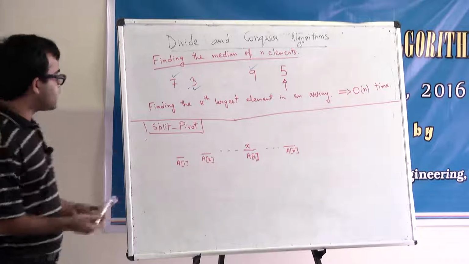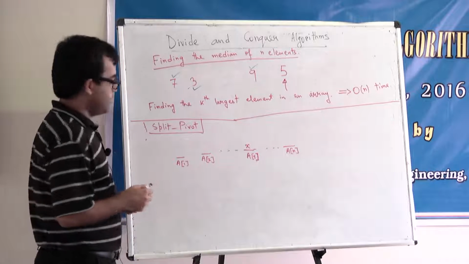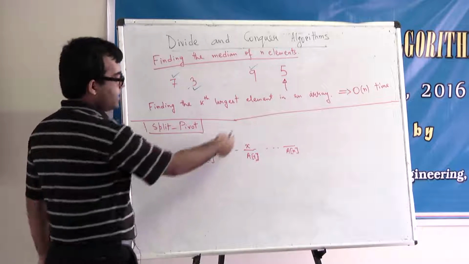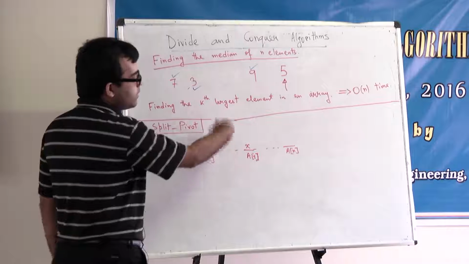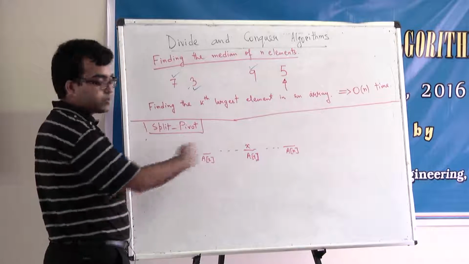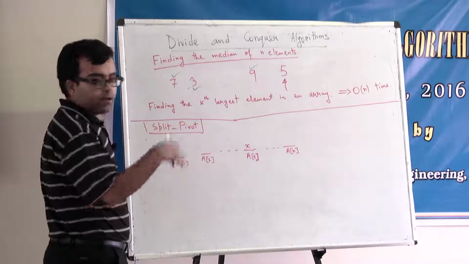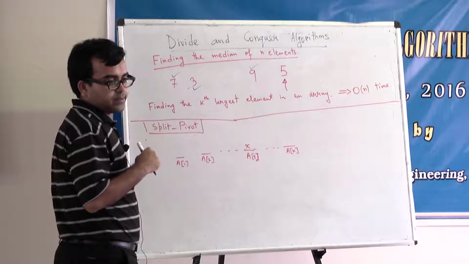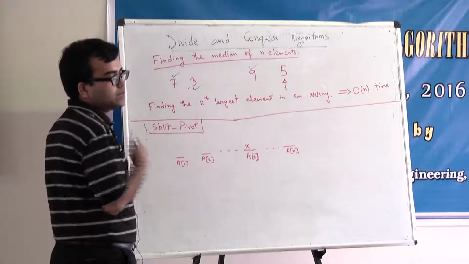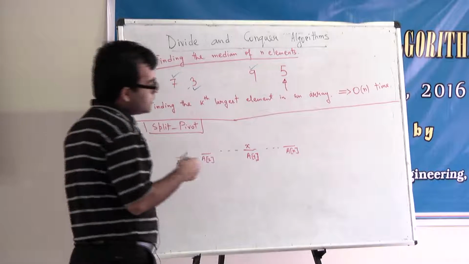You rearrange the array such that all the elements which are smaller than x should come before x, and all the elements which are larger than x should come after x. You just rearrange the array so that this happens. So is this problem clear?